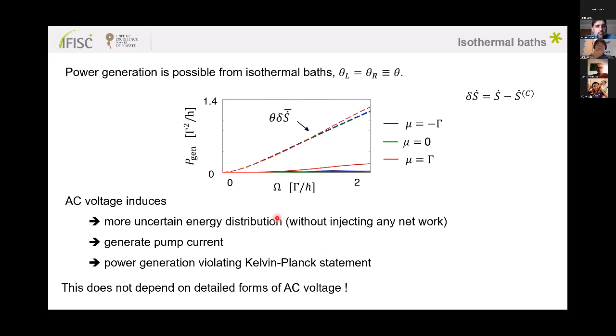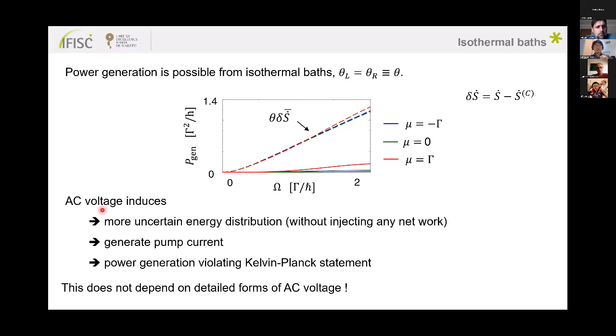And then we can also generate power even when all the baths have the same temperature, because again, we are violating the Clausius relation. The role of the AC voltage here is that it induces a more uncertain energy distribution. It arranges the electrons in a more uncertain way in the energy space, but without injecting any net work over a period.